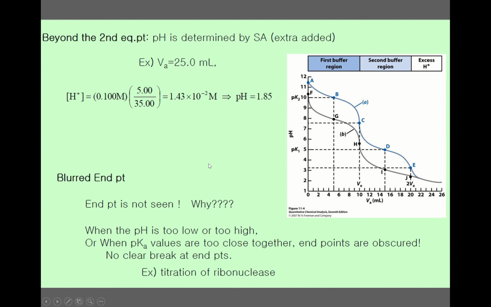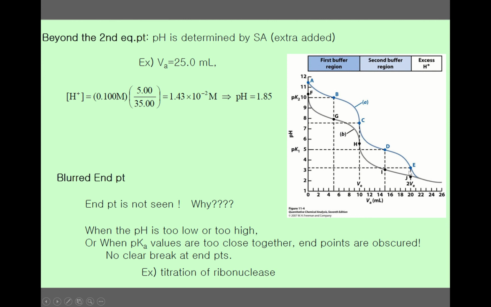All right, and then the final one is beyond this second equivalence point. What is the main species beyond the second equivalence point? Since we added strong acid, the proton is the main concentration. Let's assume you added now 25 ml of strong acid. Now it's around here, and that means 5 milliliters of strong acid was added additionally.